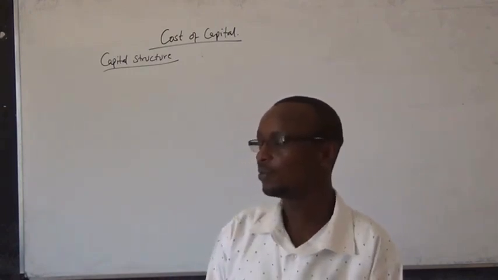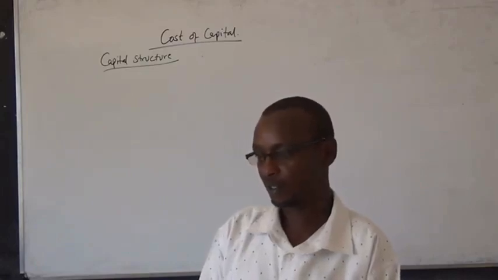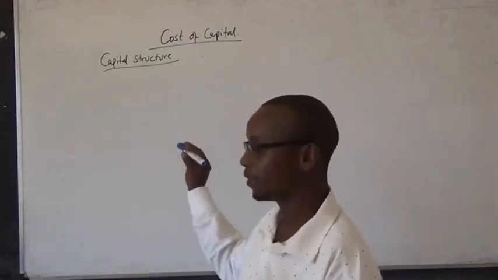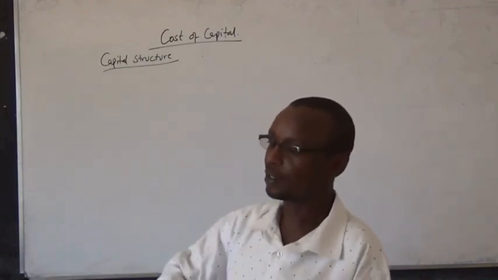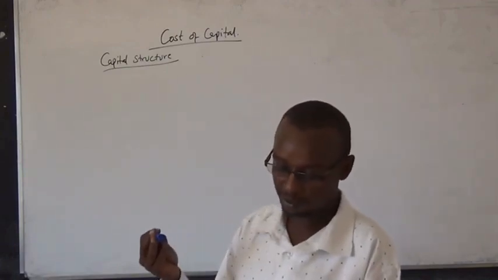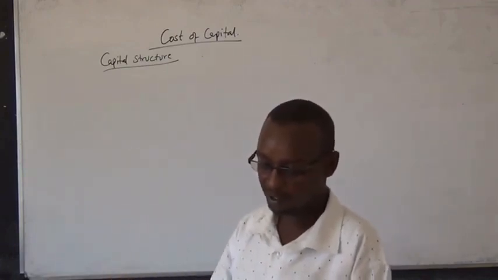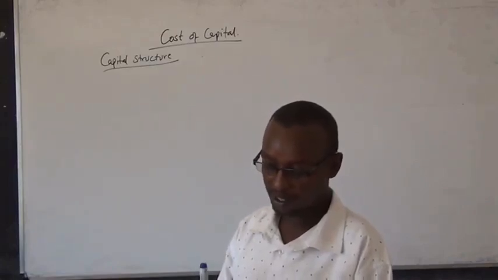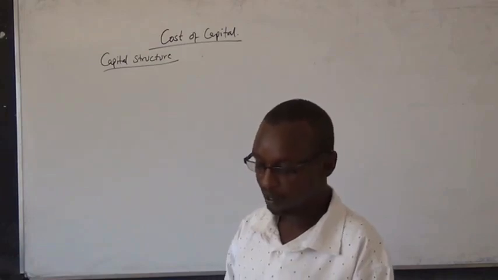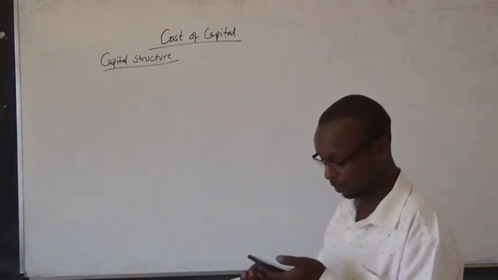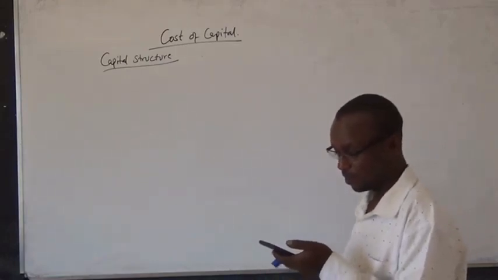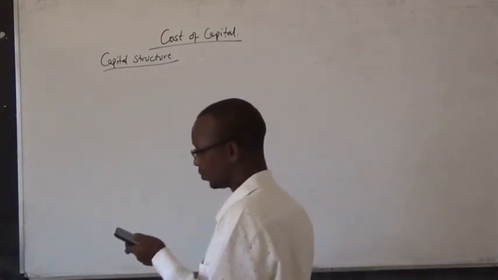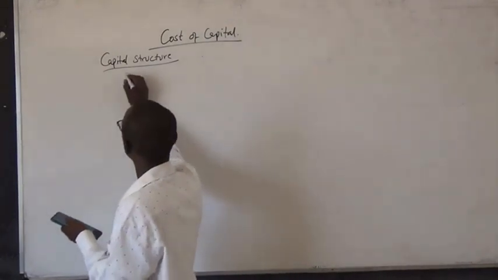A firm may have different sources of funds, and it utilizes them for development, that is growth, and daily operations. So debts come into the firm in the form of what? Bonds or long-term loans.